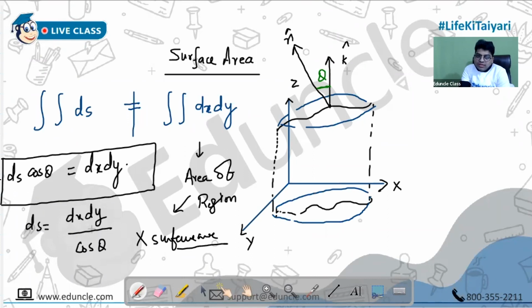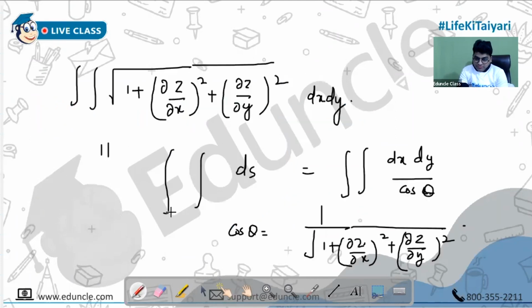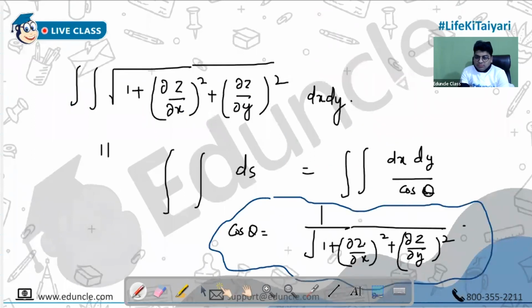You should understand this one. ds cos theta is equal to dx dy. Number one. If ds cos theta is dx dy, then ds is equal to dx dy upon cos theta. Then cos theta is this one. Will you remember this one? If somebody gives you some question based on this also, you can easily say, sir, this is the cos theta value. Okay, yes or no?